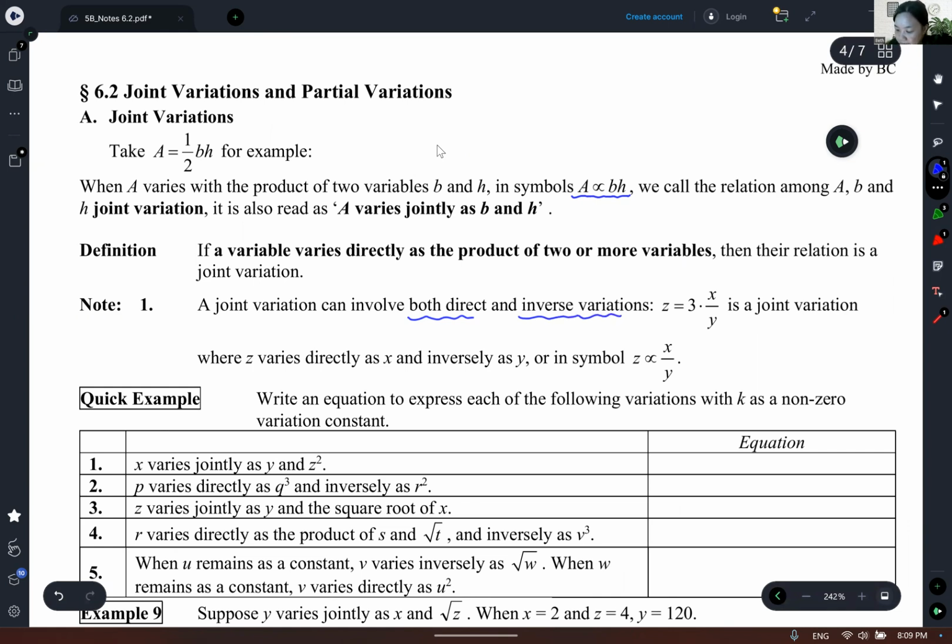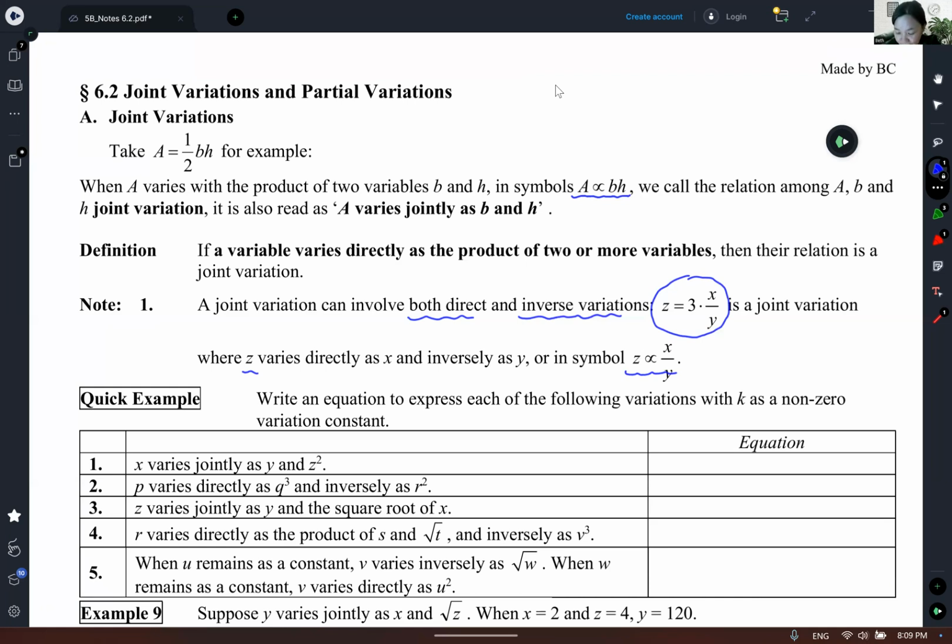For example, this is a formula connecting X, Y, and Z: Z equals 3 times X divided by Y. This can also be called a joint variation, where we describe Z as varying directly as X and, at the same time, inversely as Y.